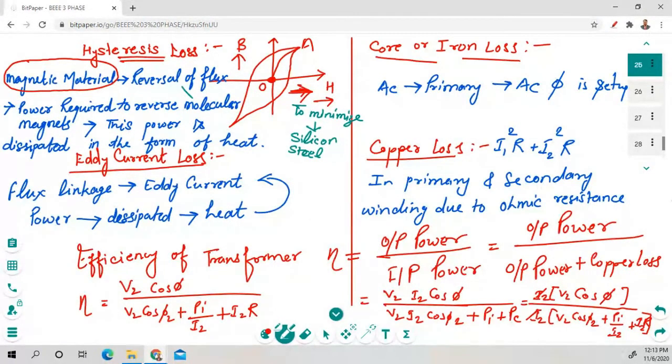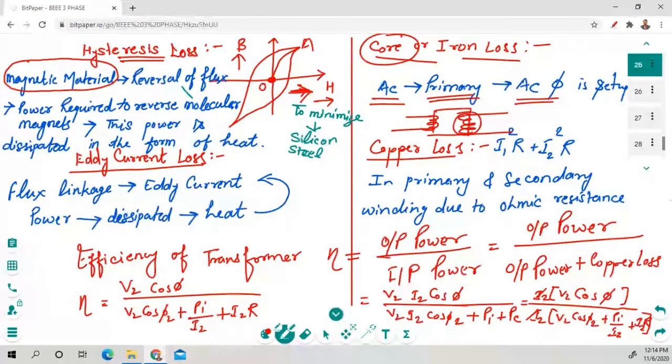Now come to the core or iron loss. What is this core or iron loss? As you can see, we have applied an AC supply to the primary side, and this flux is generated and linked with the secondary side. What is the core? There is a primary core and a secondary core.